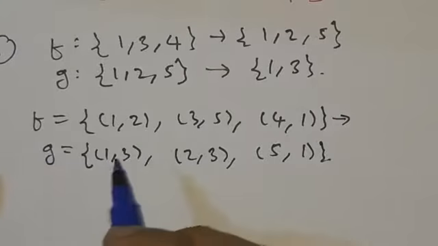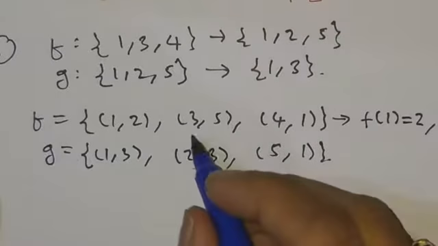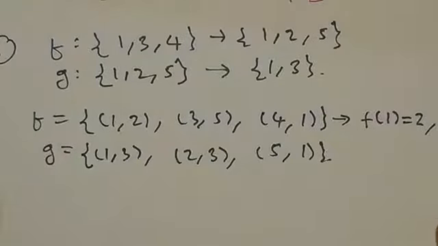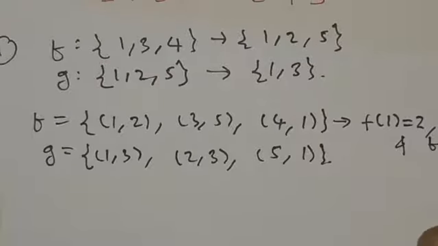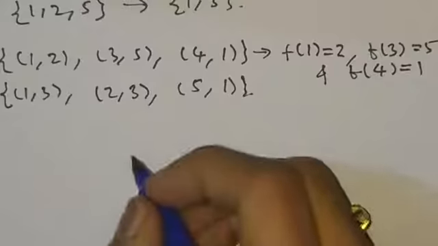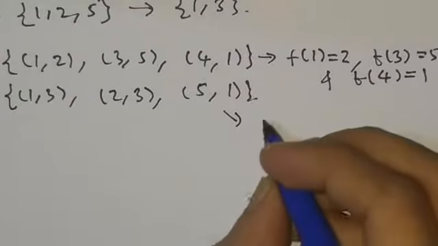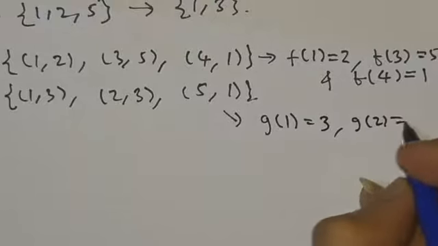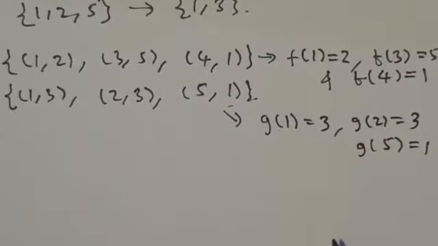So f equal to (1, 2) means f of 1 is equal to 2, and (3, 5) means f of 3 is equal to 5, and (4, 1) means f of 4 is equal to 1. And g equal to this set means g of 1 is equal to 3, g of 2 is equal to 3, g of 5 is equal to 1.